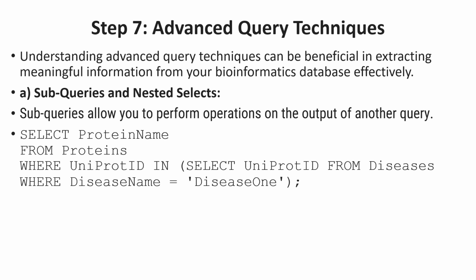Subqueries allow you to perform operations on the output of another query by typing the command SELECT protein_name FROM proteins WHERE uniprot IN (SELECT uniprot_id FROM diseases WHERE disease_name = 'disease1'); ending with a semicolon.